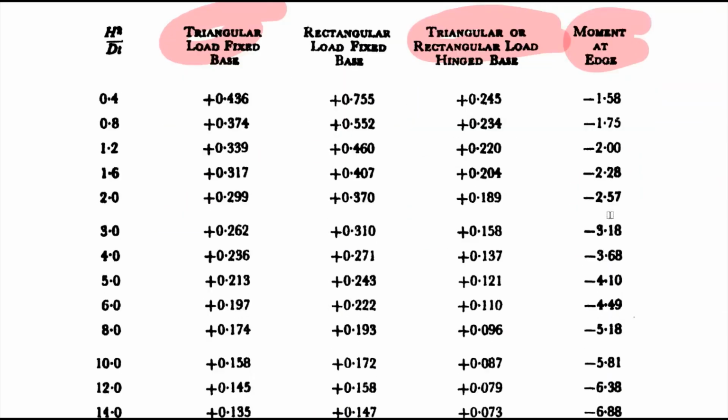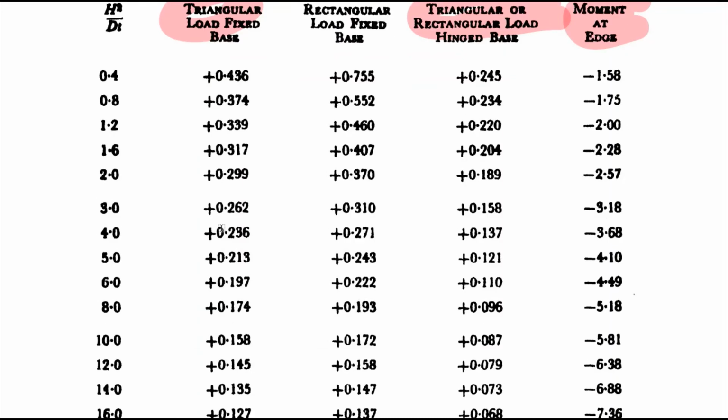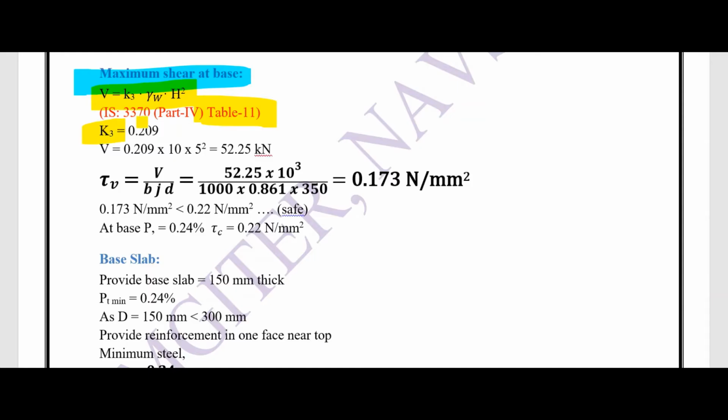Our h square by dt value is 5.12. So by this row we can find out K3 value. We have a triangular load, so K3 value is 0.223, 0.197, 0.209.